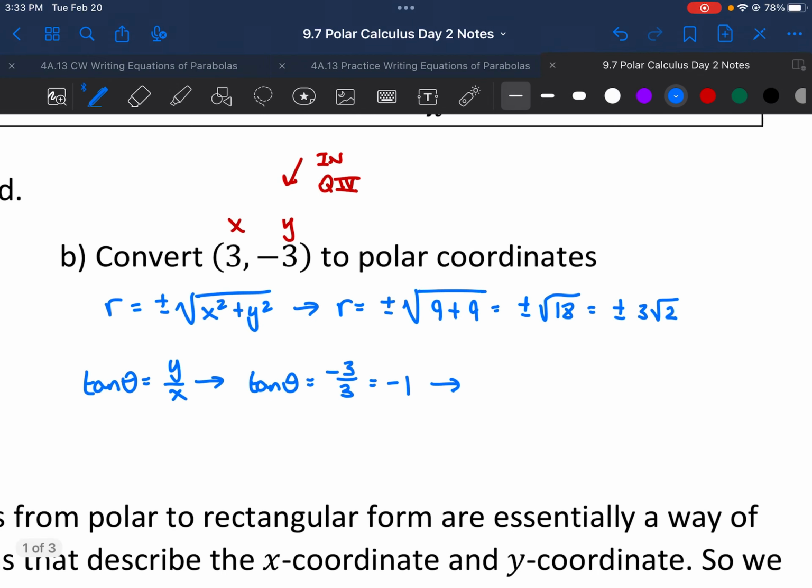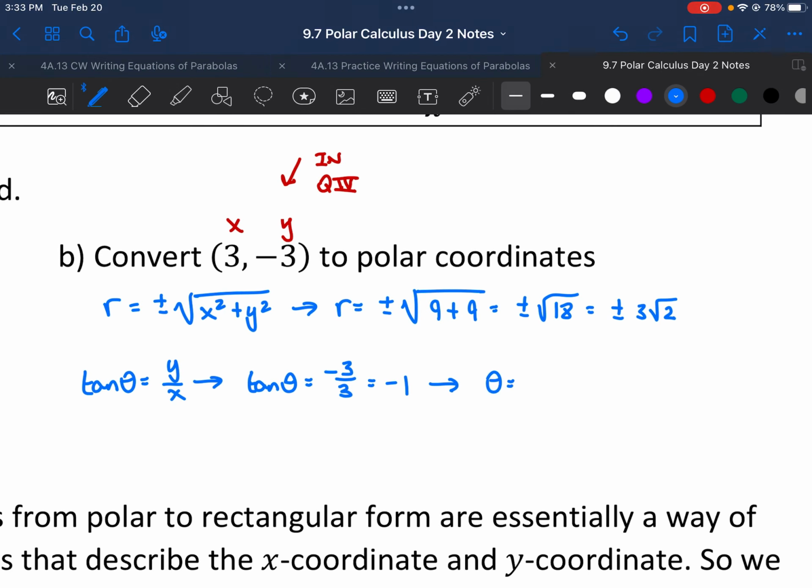So we want to know, where is tangent of theta equal to negative 1? At least on our unit circle from 0 to 2 pi, tangent of theta is equal to negative 1 at 3 pi over 4 and 7 pi over 4.